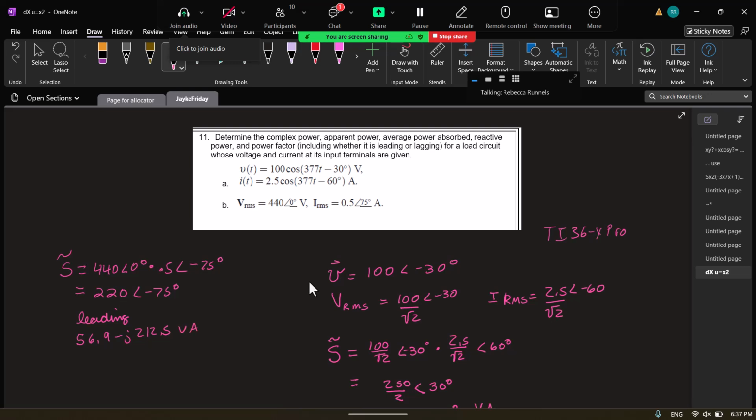That's VA. So that tells me my power is 56.9 watts. My reactive power is negative 212.50 VAR. And since my reactive power is negative, that's another way that I know that it's leading. That negative reactive power tells us it's a capacitive circuit and not an inductive circuit.